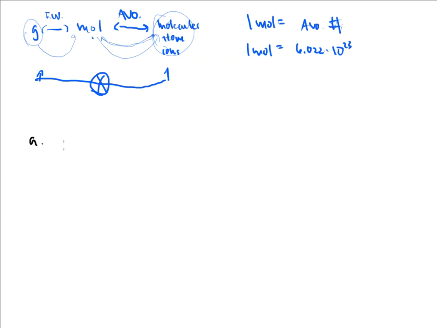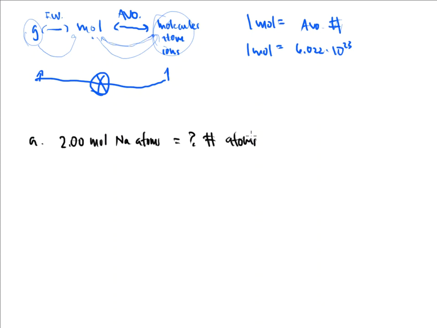Look at the first one. Let's say that we have 2 moles of sodium atoms. We want to know how many atoms do we have. Individual little sodiums that are maybe right there in my weigh boat, or in my dish, or in my container.